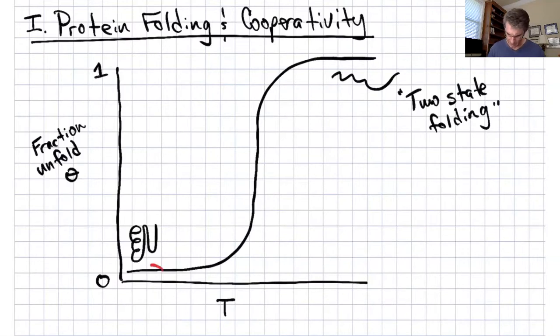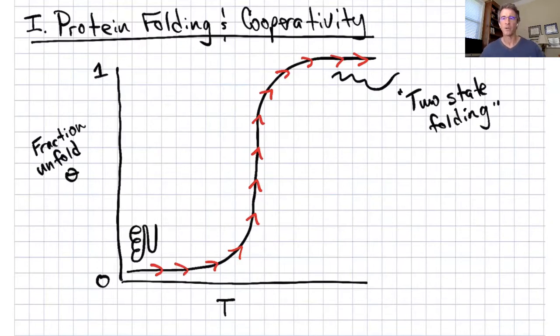One is, let's say we did the experiment going this way, right? And the curve tracks in this direction. Well, if we got up to the top, we've got 100% of the protein is unfolded. And now let's just cool it back down. What happens?